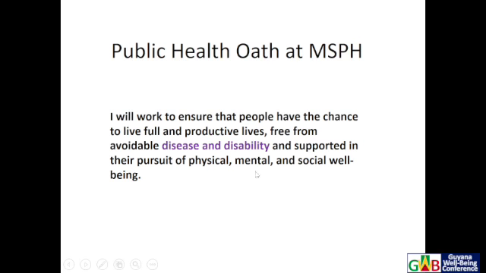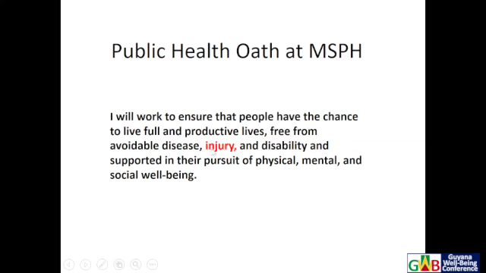The opening remark reads: I will work to ensure that people have the chance to live full and productive lives, free from avoidable disease and disability, and supported in their pursuit of physical, mental, and social well-being. So that was the opening remark of the public health oath. So what's missing here? When I joined the school, I realized that there's something missing.